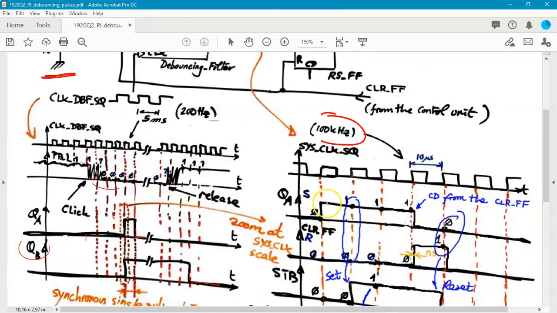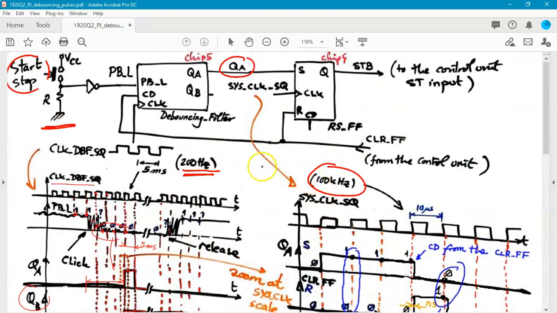However, in this application, the things are more complex because you are using this clock, that is what you see here, the 200 Hz clock, the debouncing filter clock in one hand, and on the other you have the high frequency clock, probably the system clock.